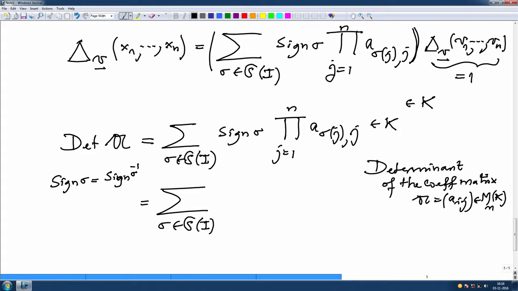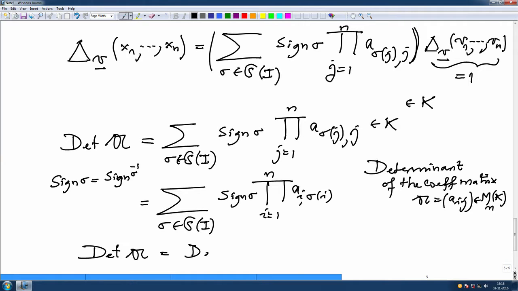The number of disjoint cycles is the same, they are only written in the reverse direction, and the sign does not change. And then this product changes to the product over i from 1 to n of A i,sigma(i). So this is in fact the determinant of the transpose matrix. So immediately we get that determinant of A equals determinant of the transpose matrix. That is immediate from the definition.